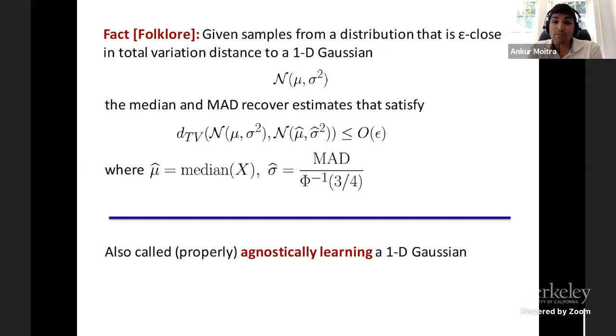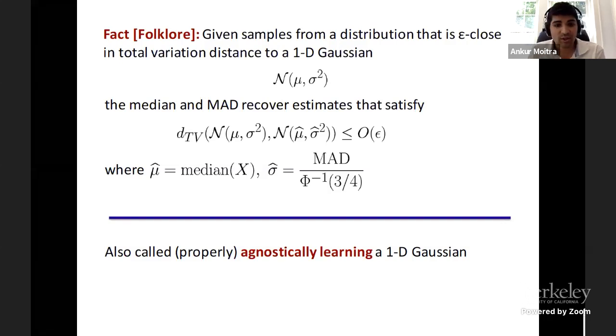Instead, you're getting samples from some distribution, and if it happens to be very well fit by a Gaussian, then you want to find a very good fit of a Gaussian. And it's proper because we want not just something that fits the distribution we're given samples from, but we want it to be back within our family. We want it to actually be a 1D Gaussian.